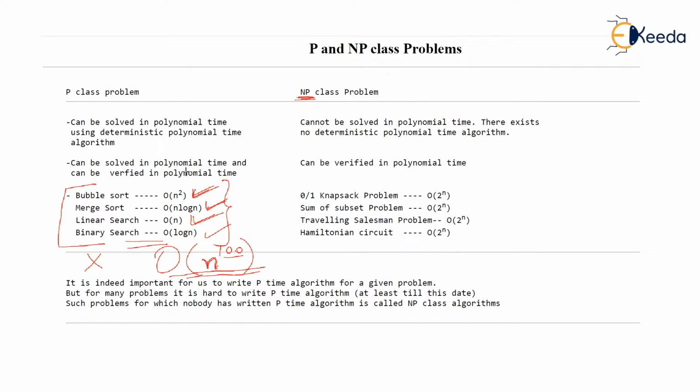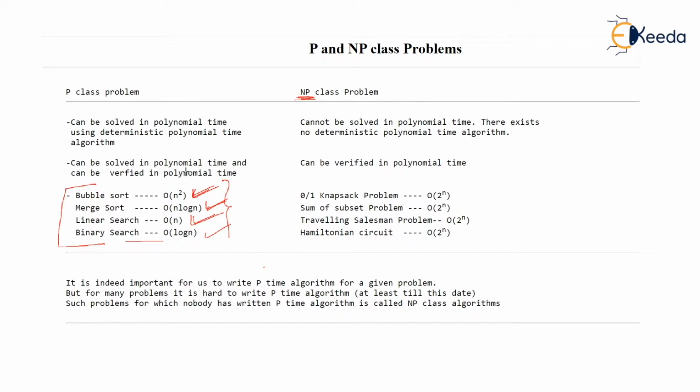So whenever we have the data size, remember n is the data size, like n is the size of the array, or n is the order of the matrix, number of rows and columns of the matrix. Then if this n, that is data size, is raised to some number, then we say the kind of problem or the kind of algorithm is P type algorithm or P class problem, isn't it?